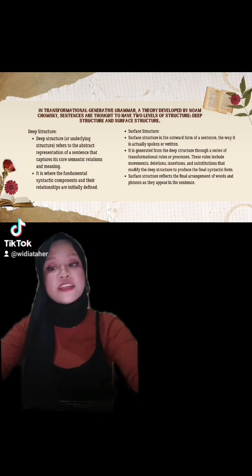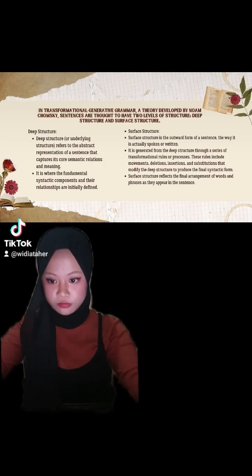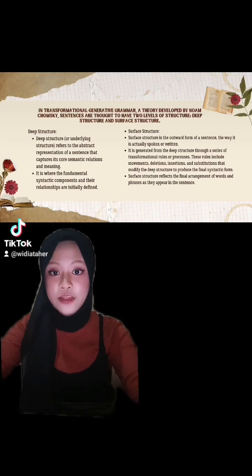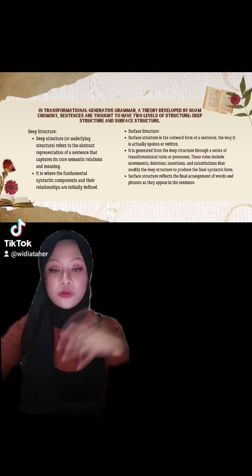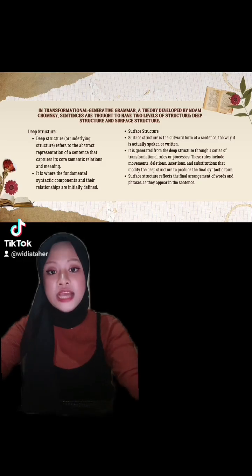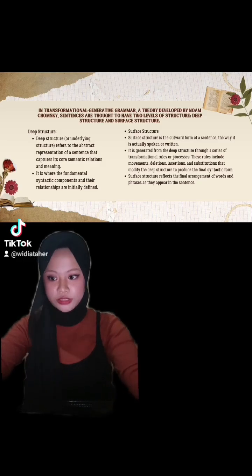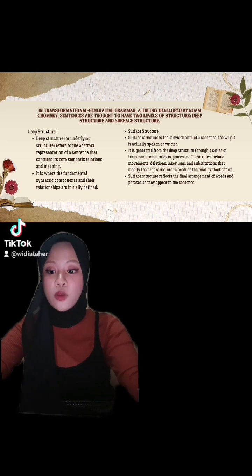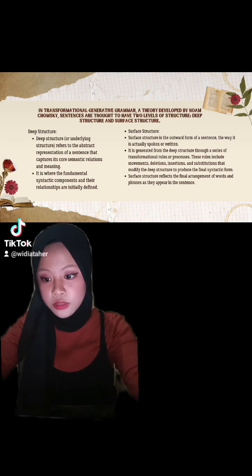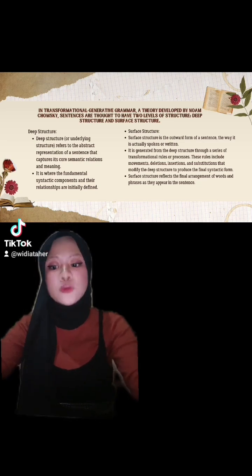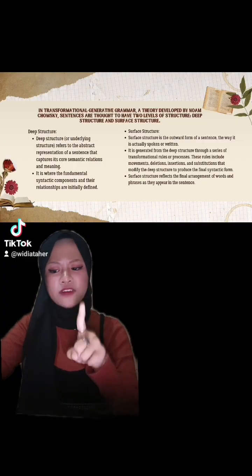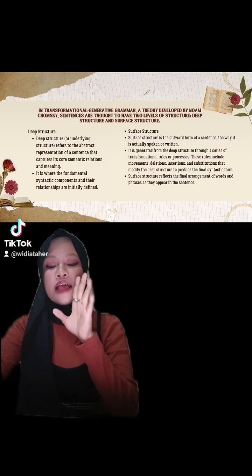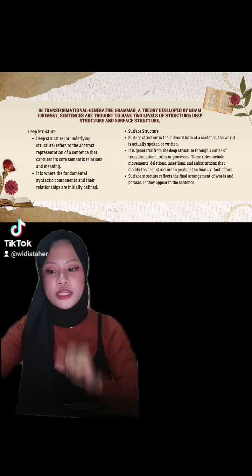So, surface structure is the final form of a sentence that we see and hear after the grammatical rules are applied. It determines the sentence's words and structure. For example, "the boy kicked the ball" and "the ball was kicked by the boy" have different surface structures but the same deep meaning.